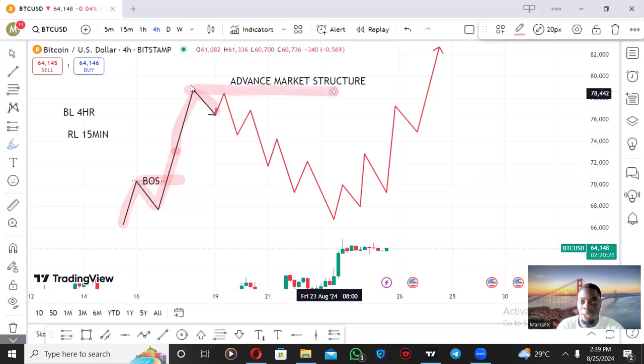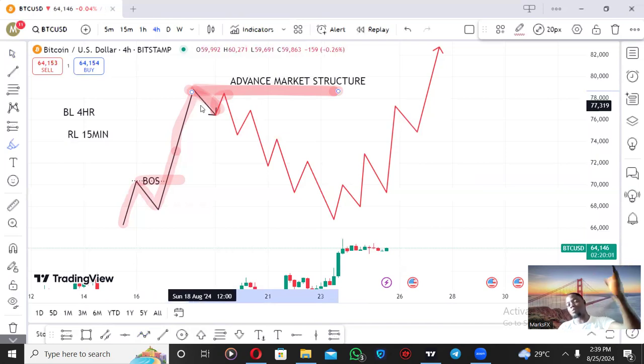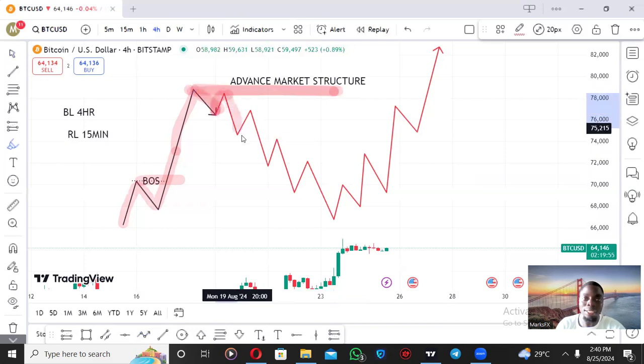This high was created before price started dropping, right? And then price pushed. Did price go above this line here? No, isn't it? Now, that is a sign that the bulls are getting weaker, because at every point we should be breaking structure to the upside, which connotes a bullish trend. So what happened? They failed to do that, and then they crashed.